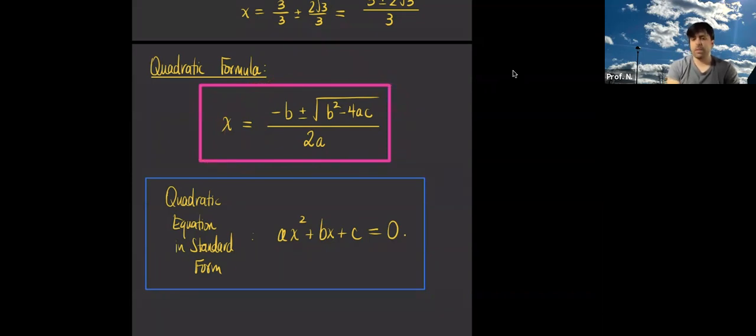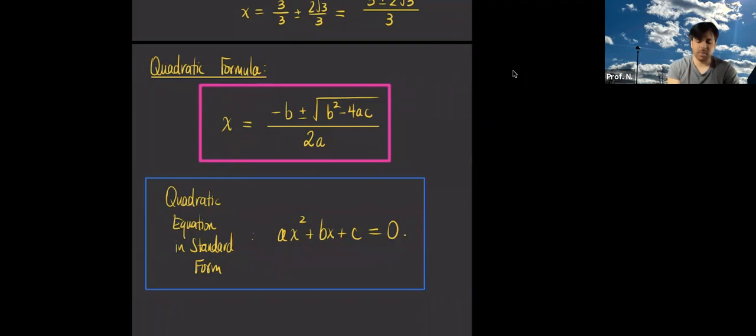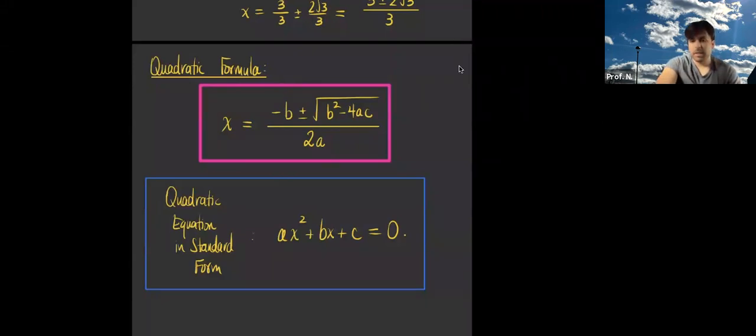If you use the completing square method on this equation and you apply the same steps that we just did, but now we're dealing with variables instead of numbers, and we have letters instead, and solve for x, you get exactly this. That will be a challenge to anybody. So the quadratic formula is not just a made up formula. Someone used the completing square method to derive it. Okay, great. So stop right here.